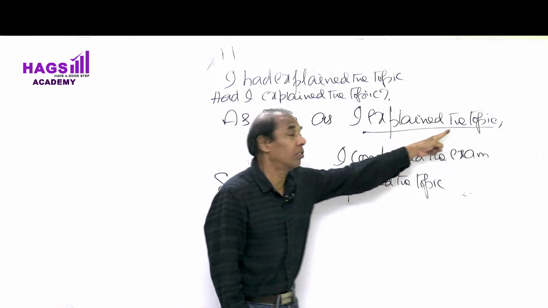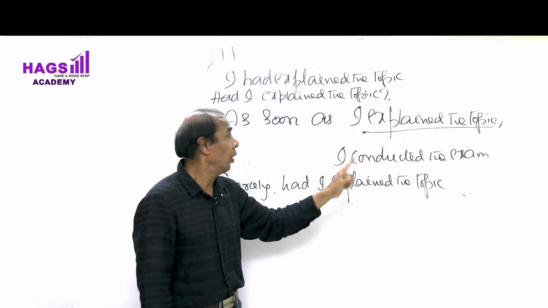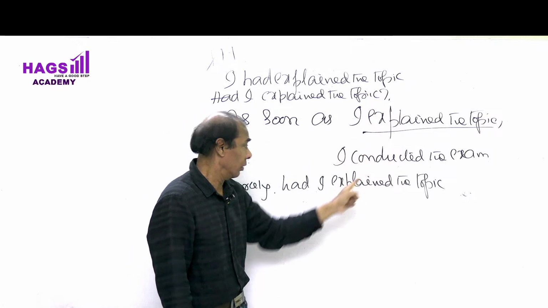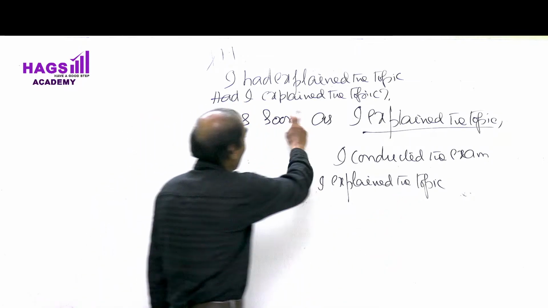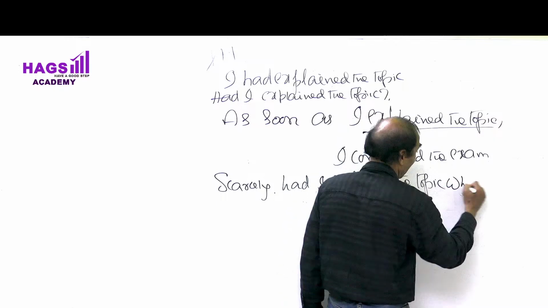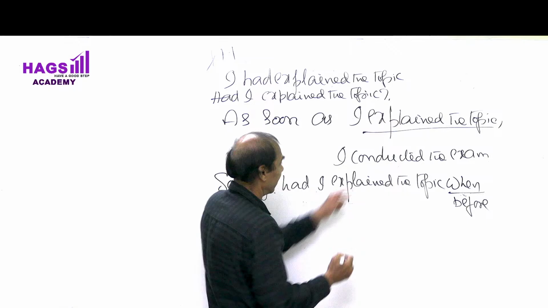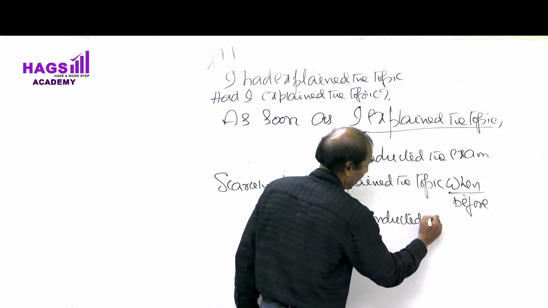Change the as soon as sentence into had plus V3 form, and then we have to change into interrogative form. Right? So, second rule is also done. Third rule. Put when or before. Put when or before the second sentence. When or before I conducted the exam. Very easy.